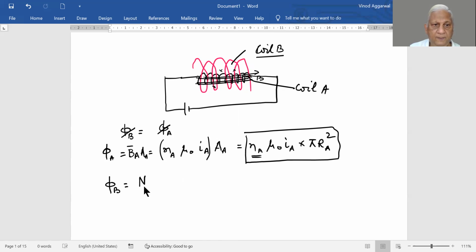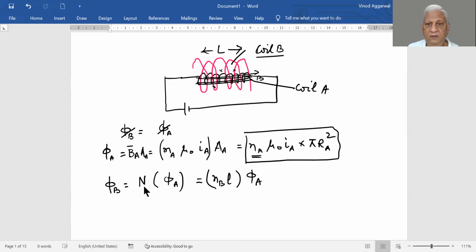So this will be simply nothing but, or you can say this is, where L is the length of coil B.